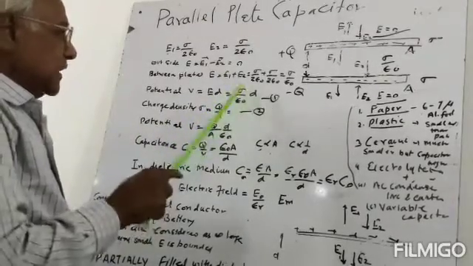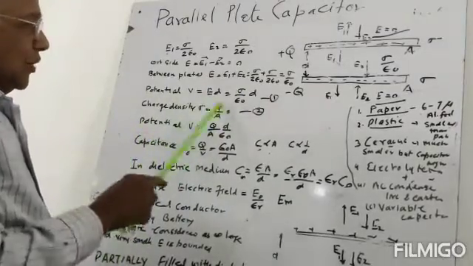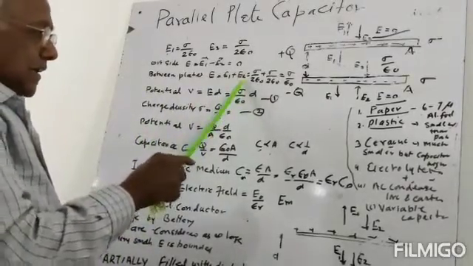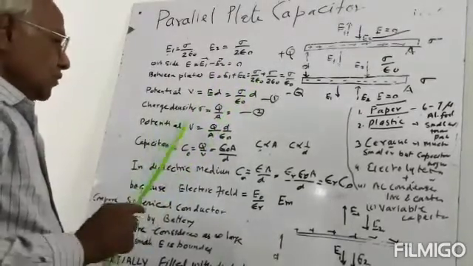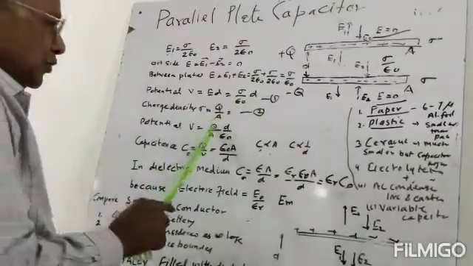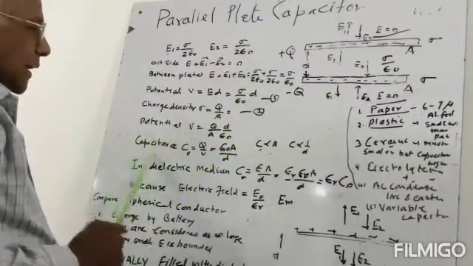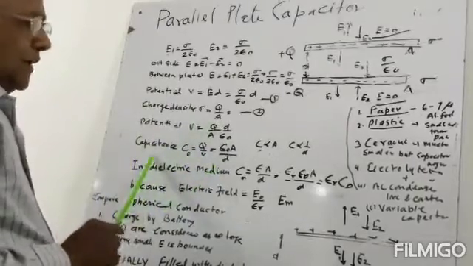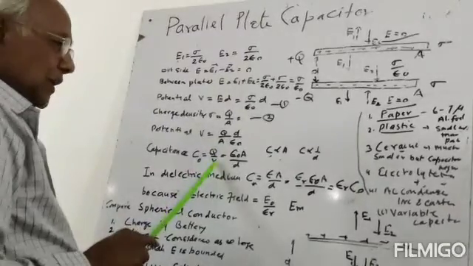So we substitute the value of charge density here. Then the potential will be equal to sigma, we can put Q by A, into d by epsilon 0. So the potential will be equal to Q into d by A epsilon 0. Now the capacitance of the capacitor will be equal to the ratio of charge divided by the potential.